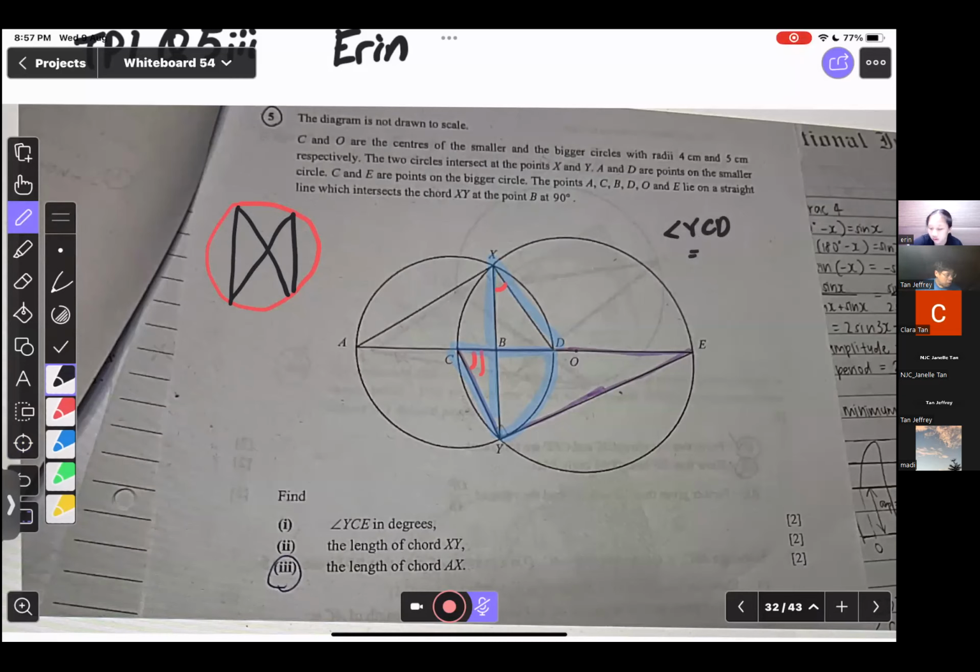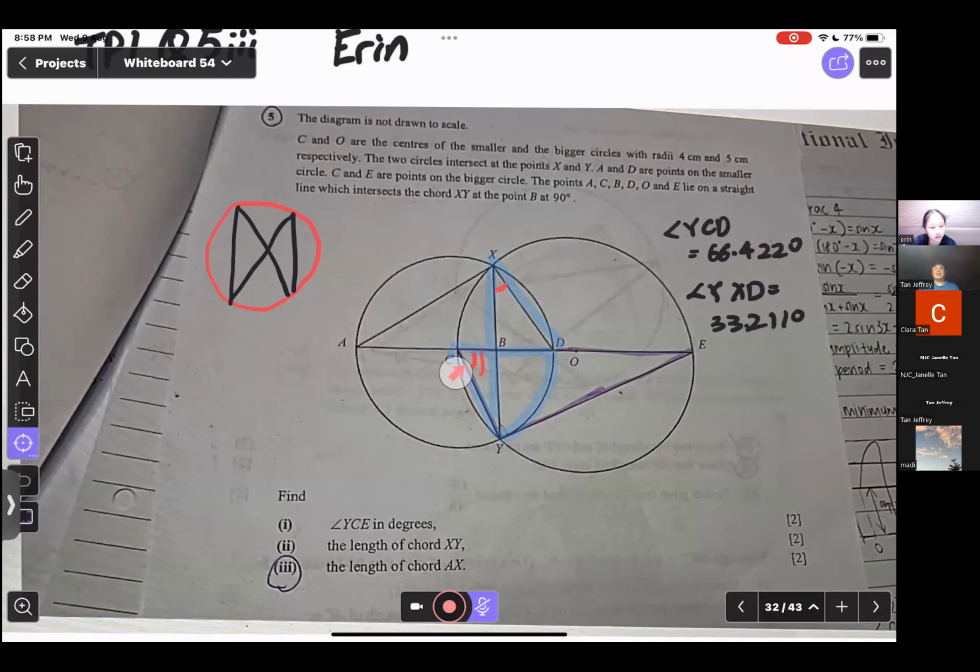Yes, 66.422. Therefore, angle YXD would be 33.211. Then since this is a diameter, because they say that C is the center, you know that this will also be 90 degrees.